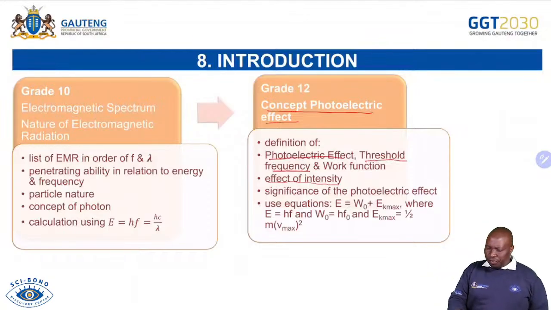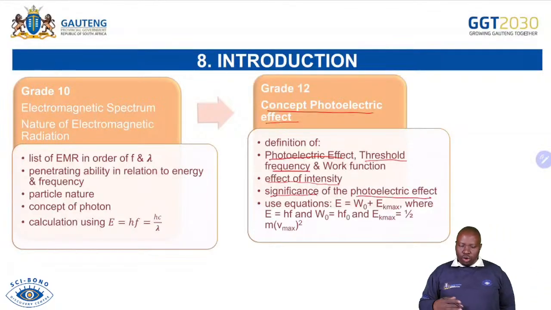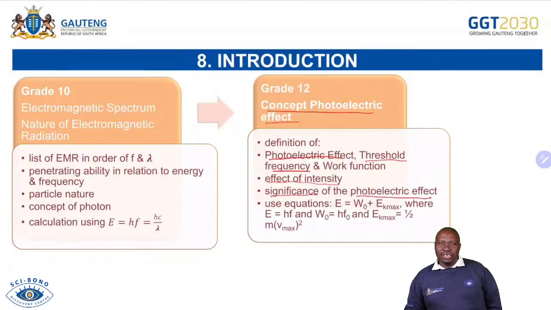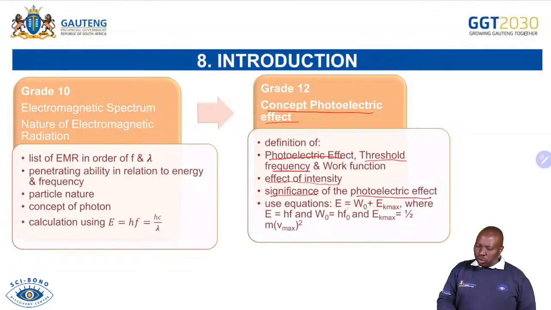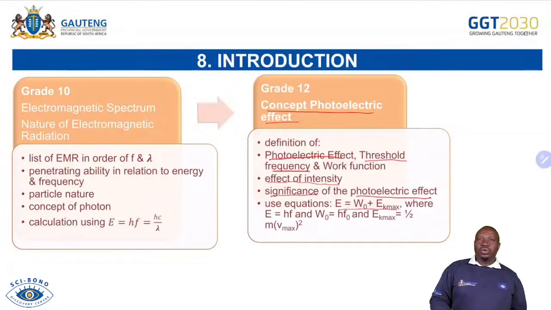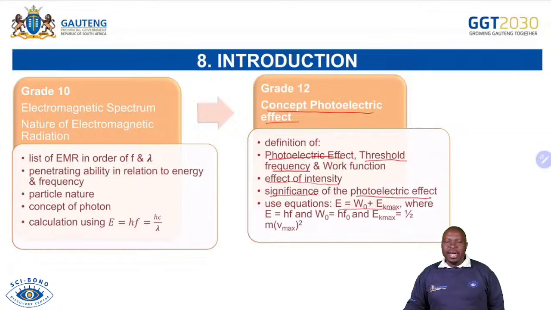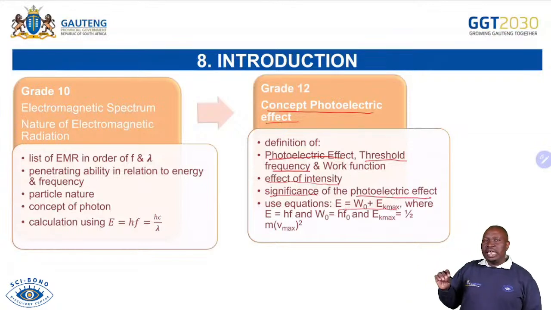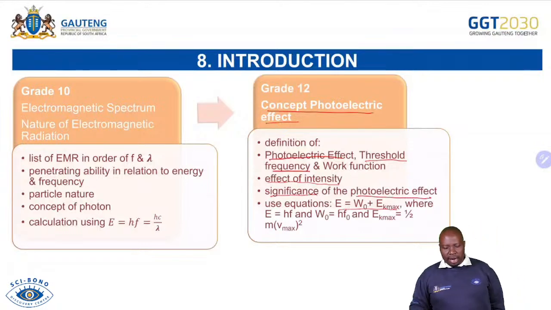And then we're going to focus on the importance or significance of the photoelectric effect. Already you have seen where we do the application of this photoelectric effect. The use of the equation, we call it the photoelectric effect equation, which is E equals W naught, which is the work function, plus EK max. Please always indicate that it is the maximum EK.